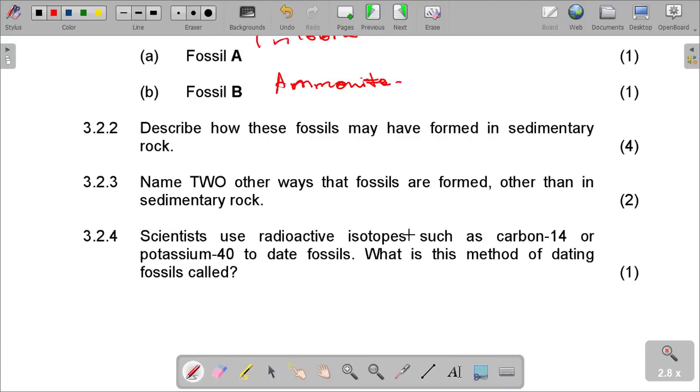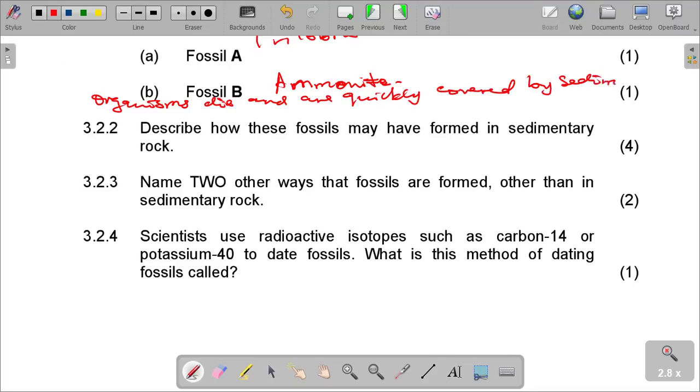The organisms die and are quickly covered by sediments.